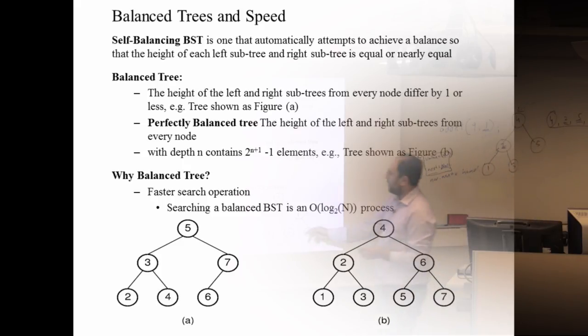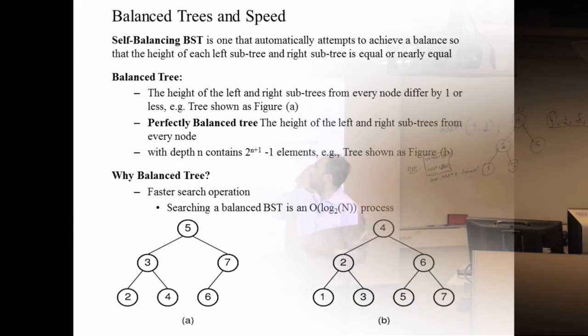So it means that with the depth of n, when you have the number of elements, if the depth is n, in this case, what is n? 2.